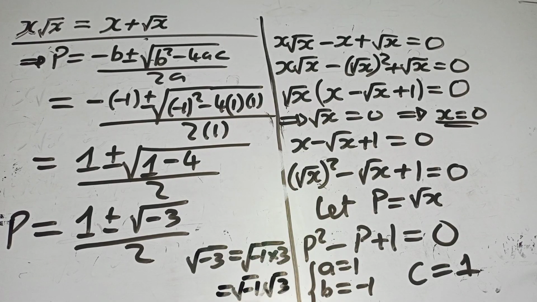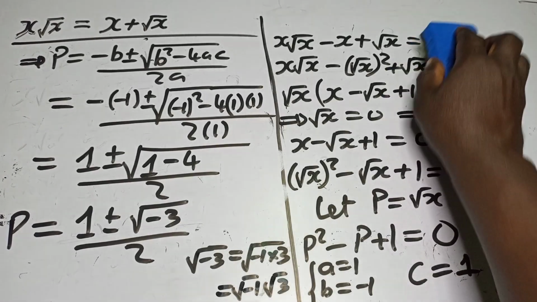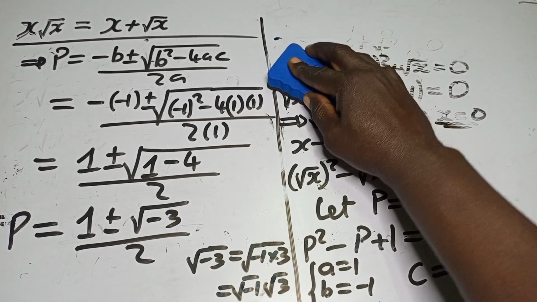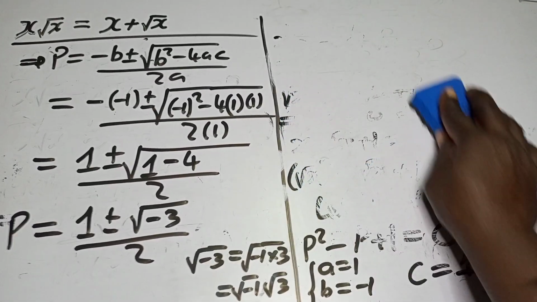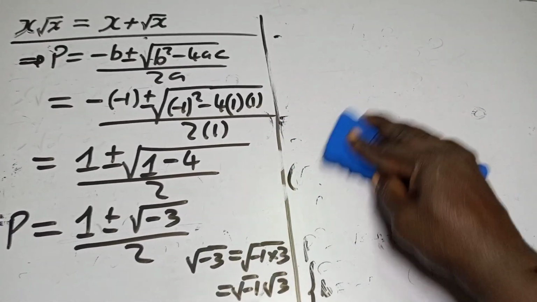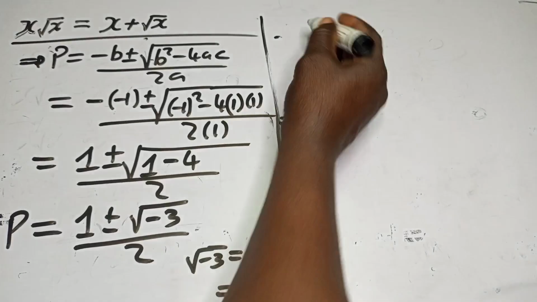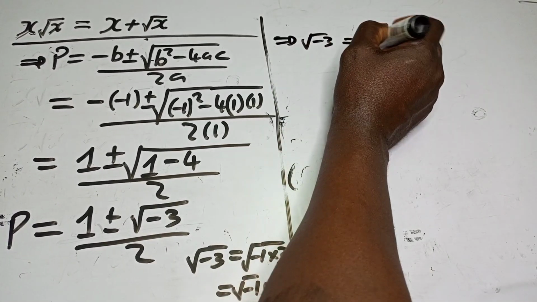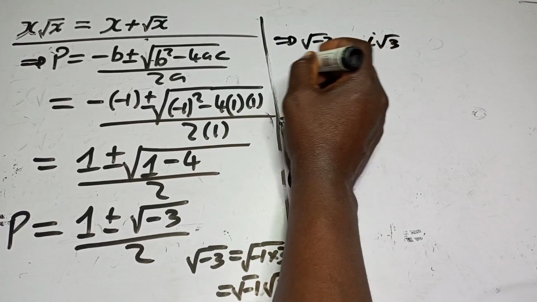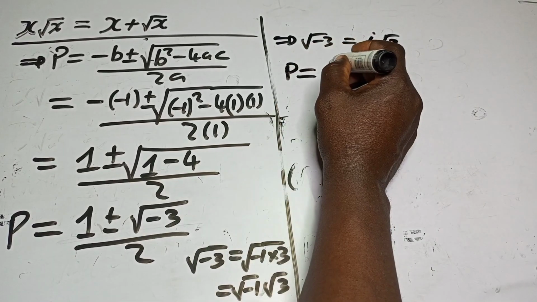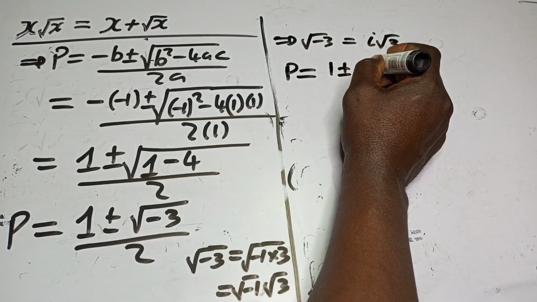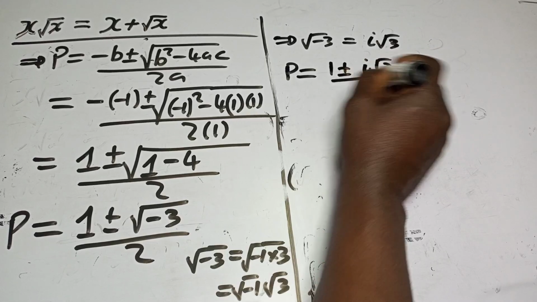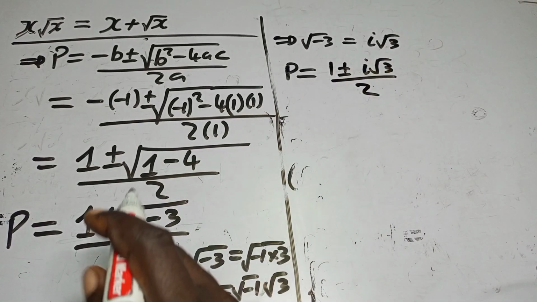But we know that root of negative 1 is the imaginary number i. Such that root of negative 3 now becomes i root 3. So our p becomes 1 plus or minus i root 3 all over 2.